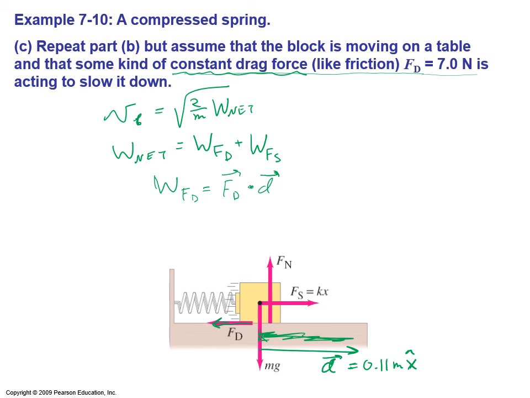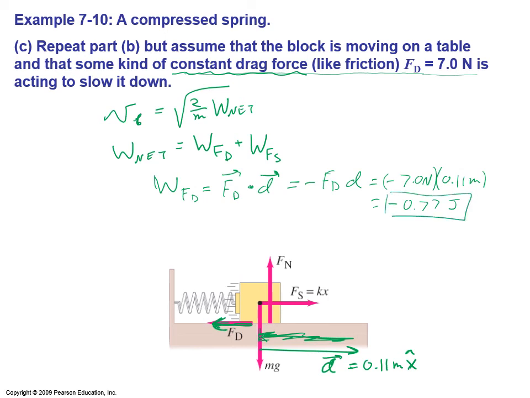So the drag force is pointing in the opposite direction. So the two vectors are anti-parallel. So the dot product between two anti-parallel vectors is negative the magnitude of each one of them. So this will be negative 7 newtons times 0.11 meters, or minus 0.77 joules. So that's how much work is done by the drag force.